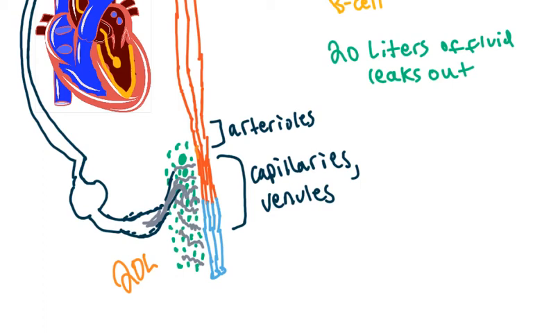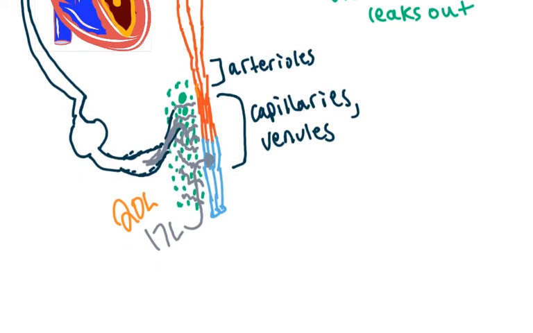Okay, and then 17 of those 20 liters, we'll see why later on in another video, actually gets put back into circulation through osmotic diffusion, right? Due to the higher concentration of large proteins that are flowing near our venules, they act like solutes and drive the fluid back in.